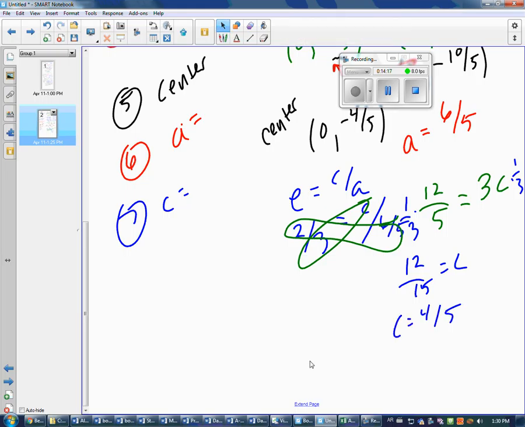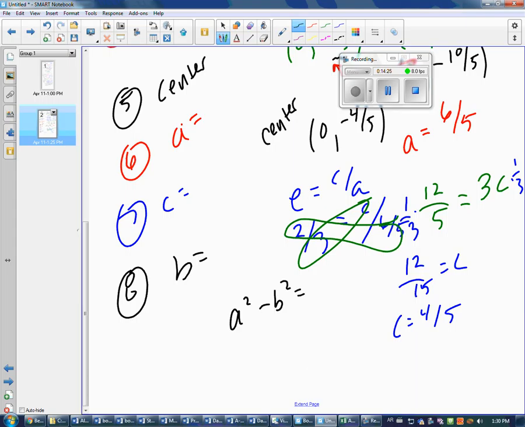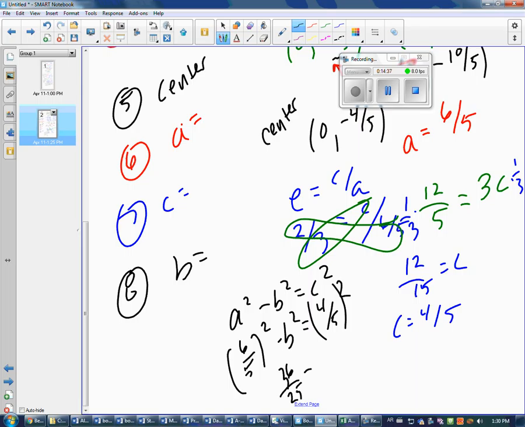Once you have your C value, then you can find your B value. It's an ellipse, so we're going to use A squared minus B squared equals C squared. 6/5 squared minus B squared equals 4/5 squared. Remember, you square both the numerator and the denominator.